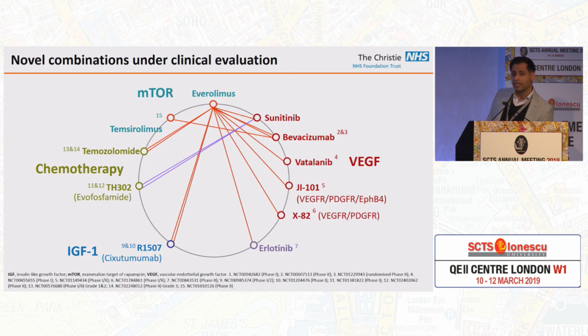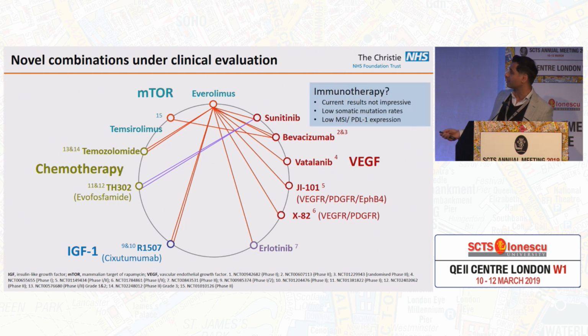So moving into the future, because of the history, you can see that a lot of our new trial developments hinge around everolimus, and so we are testing chemotherapies with everolimus and newer agents with chemotherapy with the mTOR inhibitors. But you'll note that there's no immunotherapy here. So immunotherapy hasn't really had an impact in this cancer.